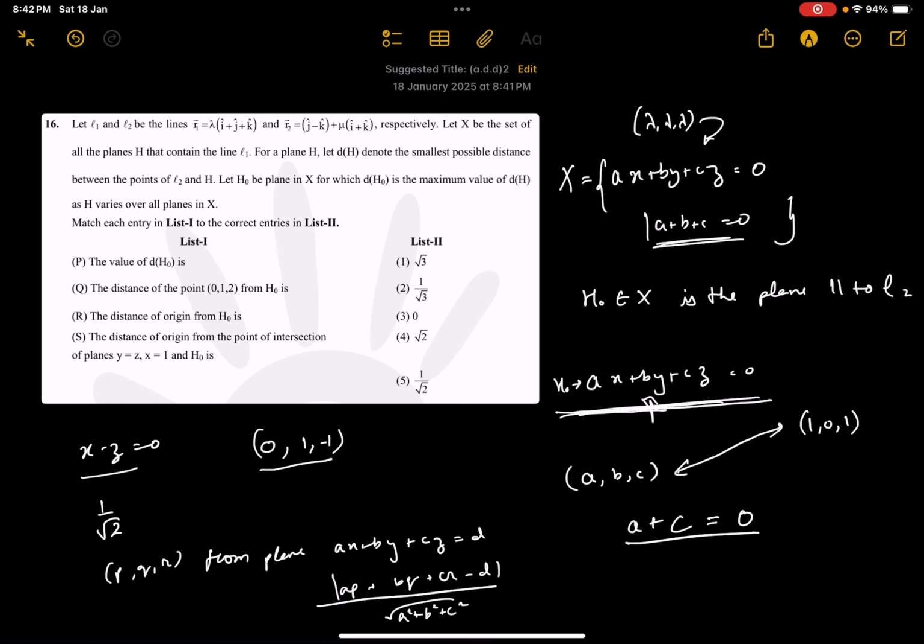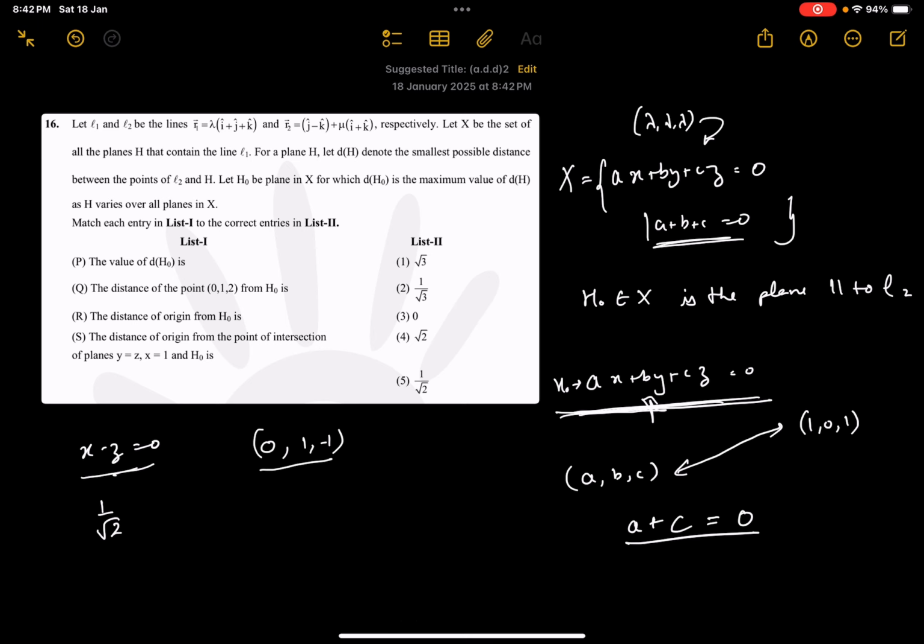Substituting this and this in this formula, we get the distance to be 1 over root 2. So the value of d_H0 is 1 by root 2.